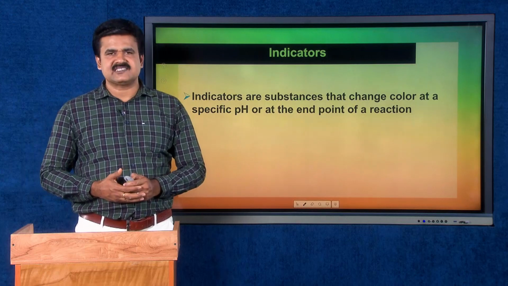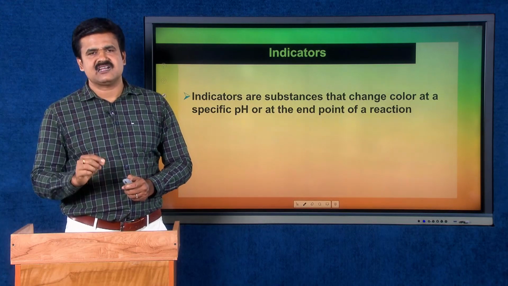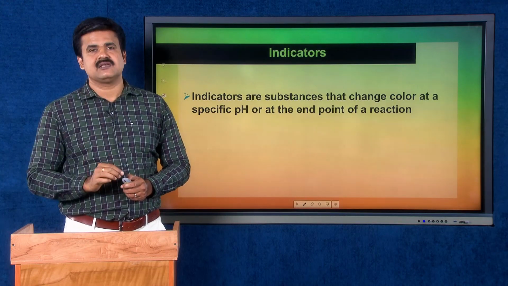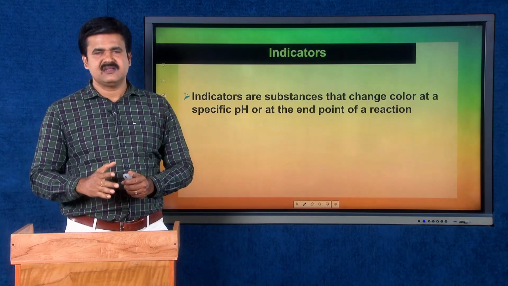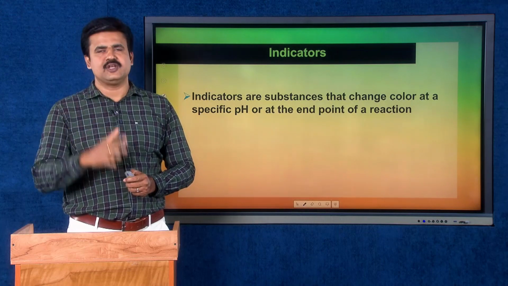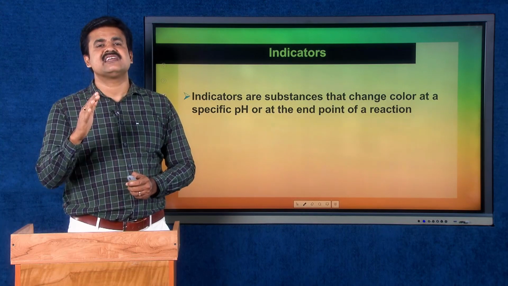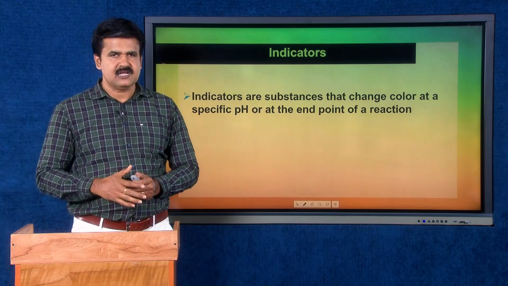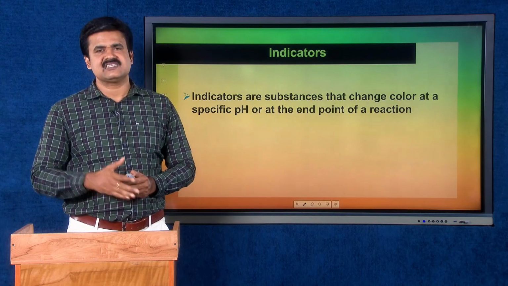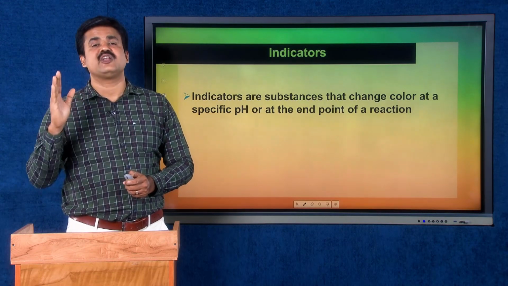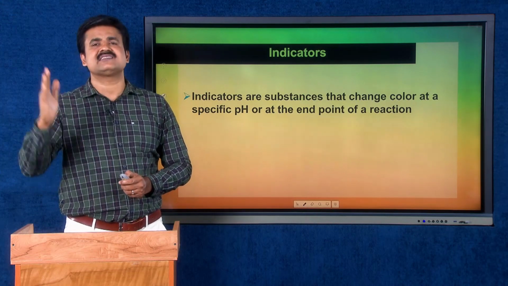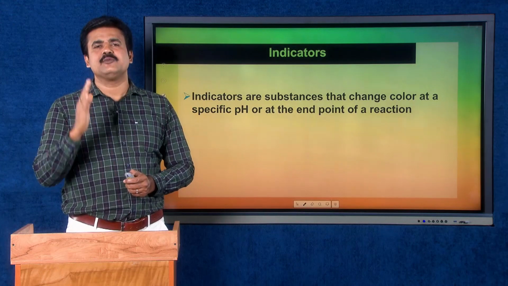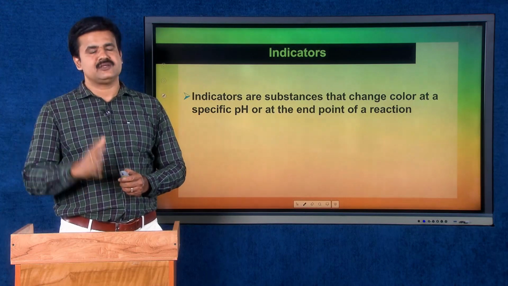Indicators are substances that change color at a specific pH or at the end point of a reaction. That means whenever we reach the end point of a reaction, the indicator starts to change its color. By noticing that color change, we can assess the exact value of the end point of a reaction. End point is not the same as equivalence point, but end point is close to equivalence point.